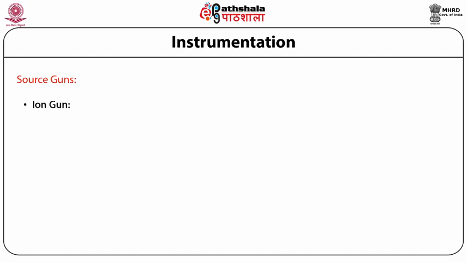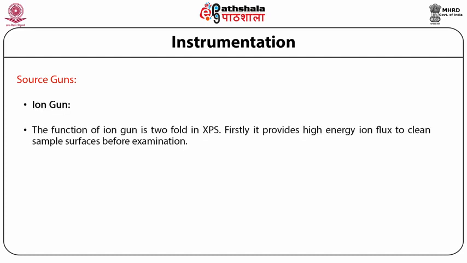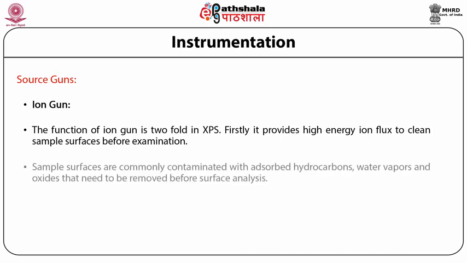Then ion gun. The function of ion gun is twofold in XPS. Firstly, it provides high energy ion flux to clean sample surfaces before examination. Sample surfaces are commonly contaminated with adsorbed hydrocarbons, water vapors, and oxides that need to be removed before surface analysis.